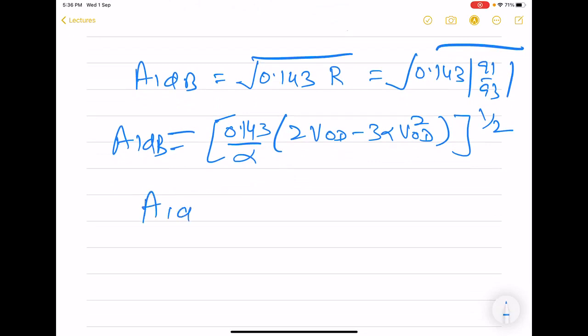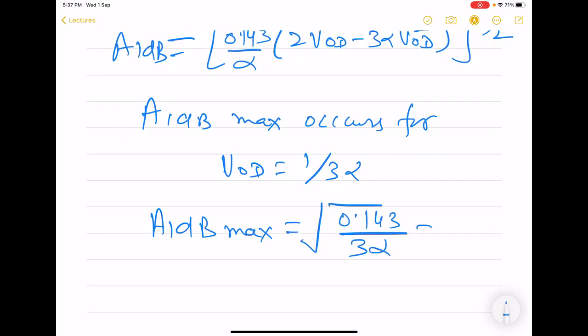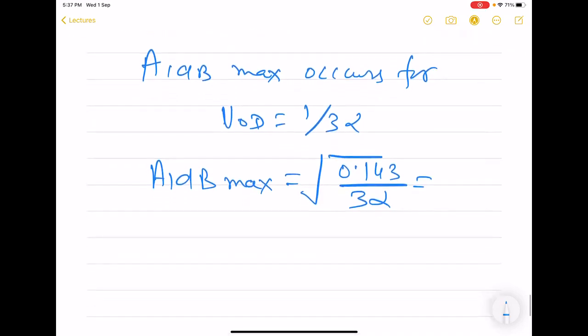So A 1 dB max occurs for VOD is equal to 1 by 3 alpha. And this value is going to be 0.143 by 3 alpha, and alpha square, in fact.